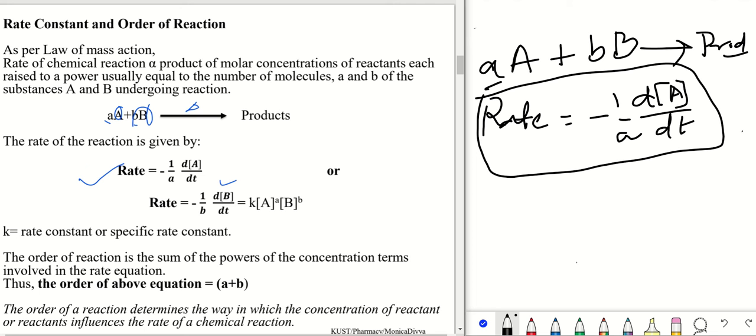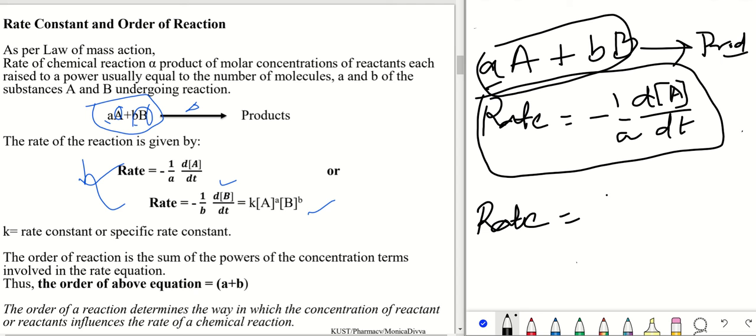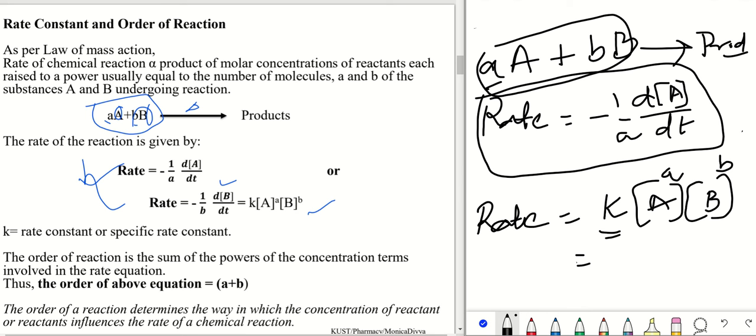When we put these together, because we have two reactants, the equation for both A and B turns out to be: reaction rate is equal to K, the reaction rate constant, into the concentration of A and the concentration of B, and the powers represent the number of moles of A and B respectively.